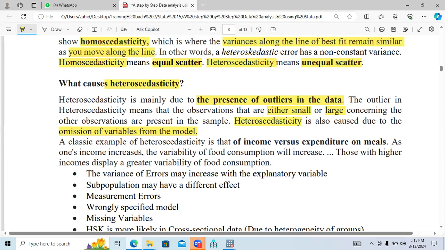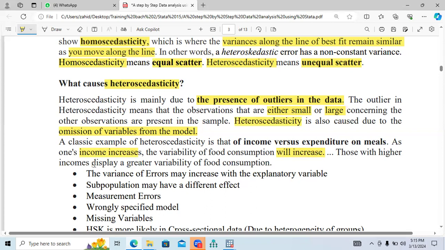A classical example of heteroscedasticity is that of income versus expenditure on meals. As one's income increases, the variability of food consumption will increase. When your income increases, you may try to eat junk foods like burgers, shawarma, pizzas. You may try to increase the consumption of those food items.